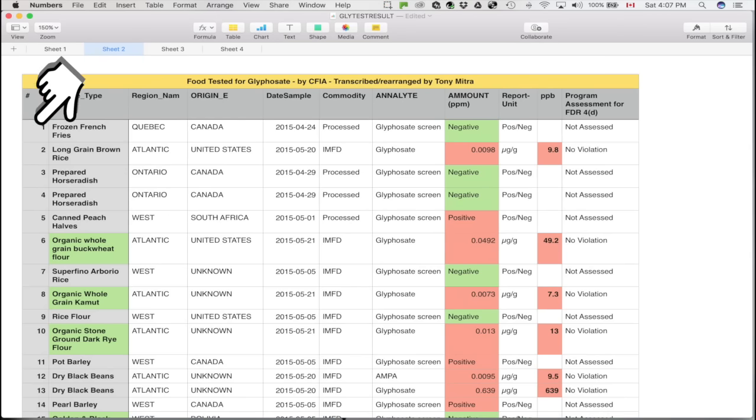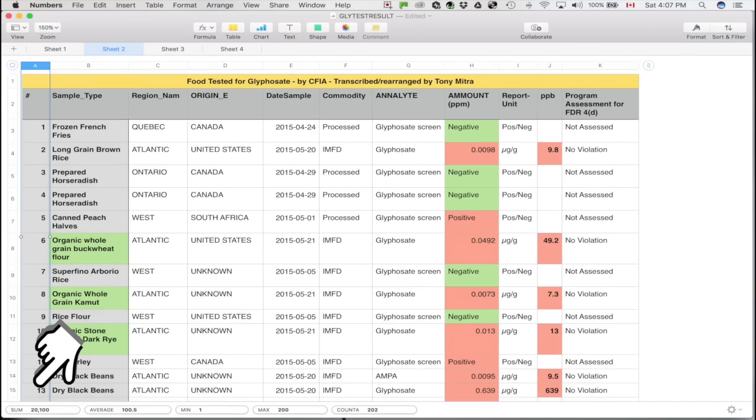First of all, the leftmost column did not come from CFIA. I added it just to put a serial number on each line of sample data. Next, this column did not come on the leftmost.